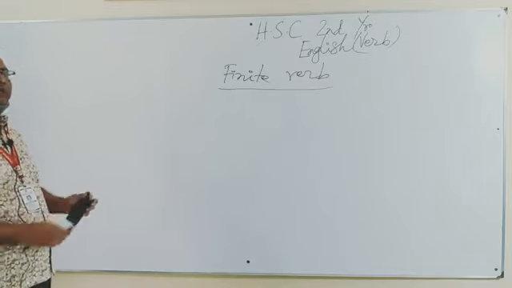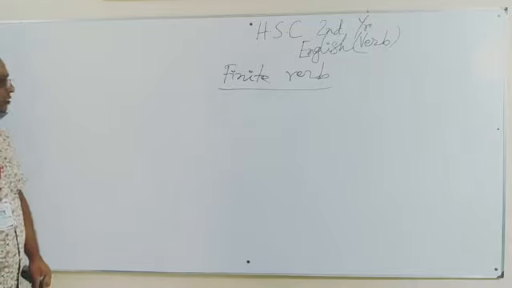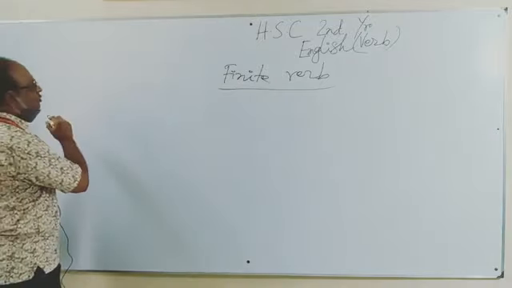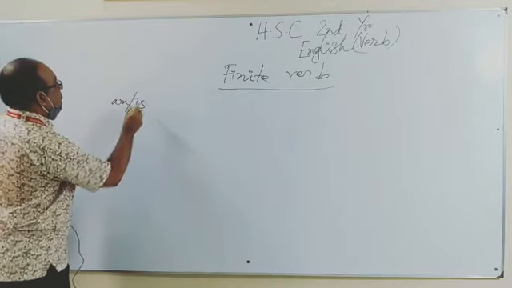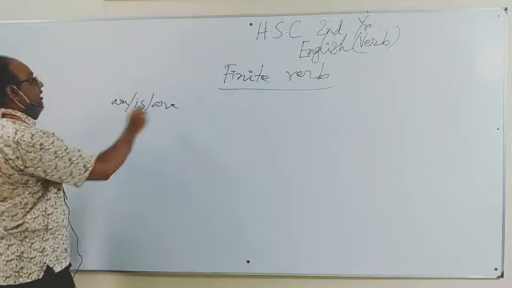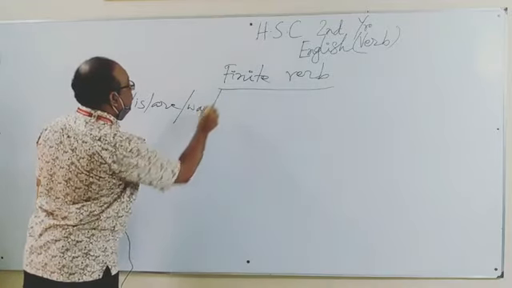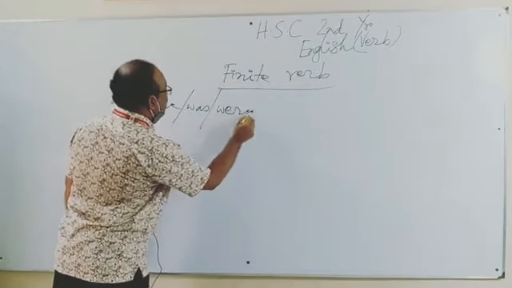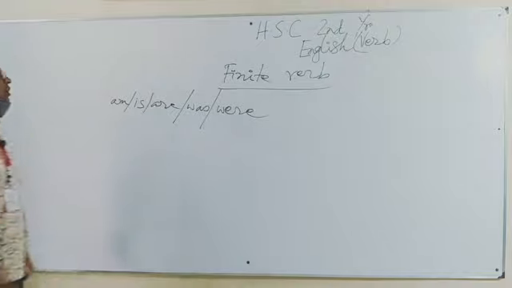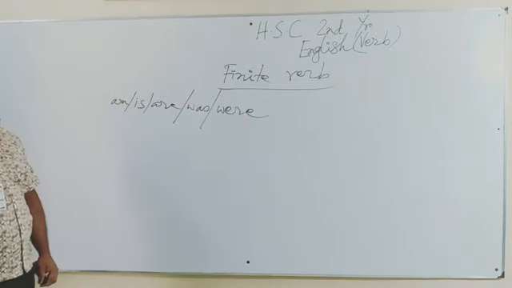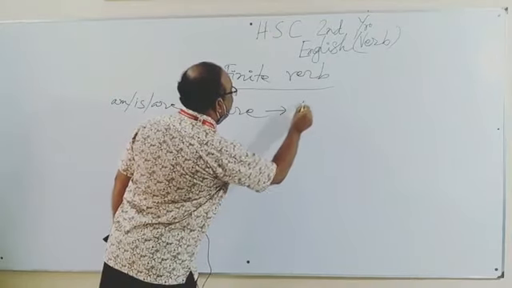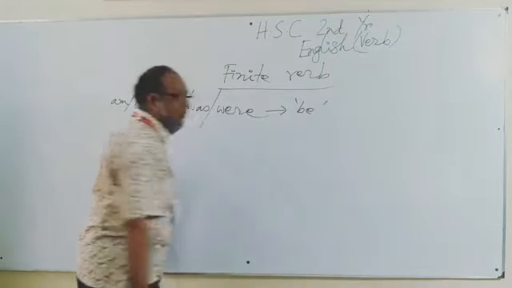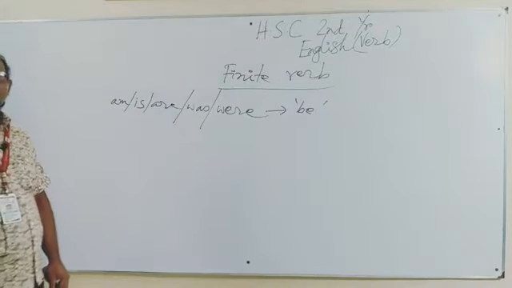And we have the common forms of finites also. If I use on the board am, is, are, was, were. These are the finite forms for be. You know the verb be.